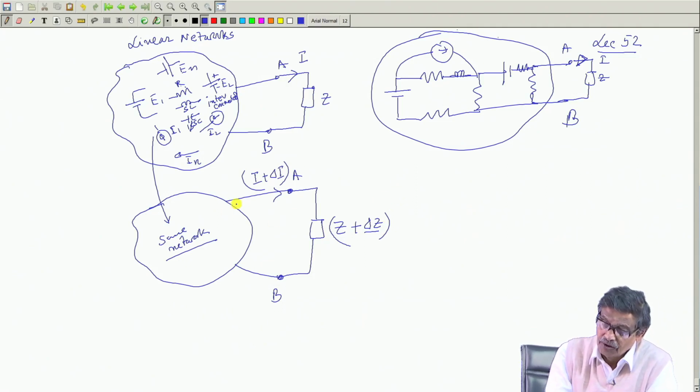It is like this. The voltage across AB, when the impedance is Z plus delta Z, first see what this is.